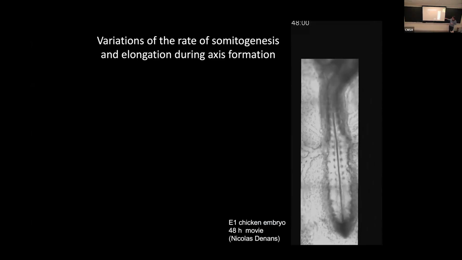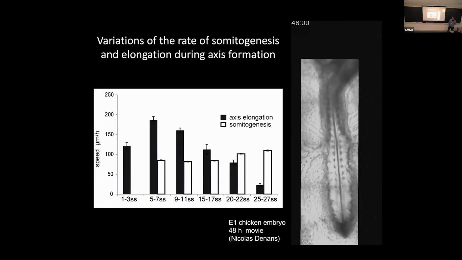You can measure the speed of elongation and compare it to the speed of somitogenesis. What you see is that while the speed of somitogenesis is relatively constant, the speed of elongation first increases, and then it decreases, and then at 25 somites it essentially drops.